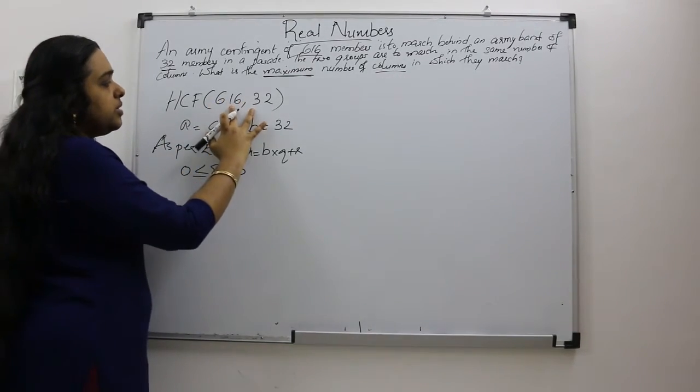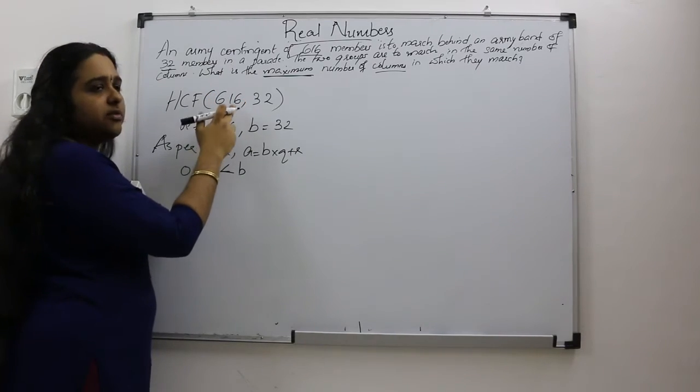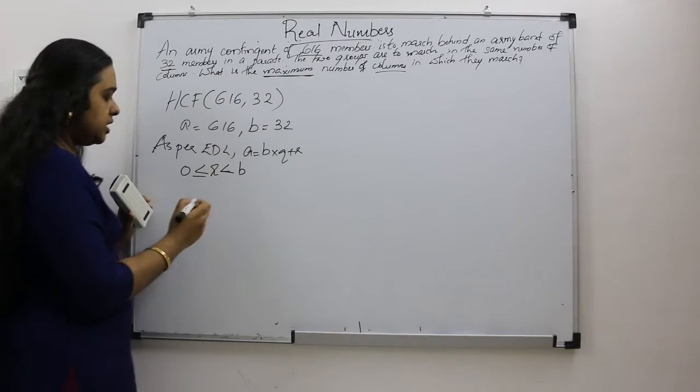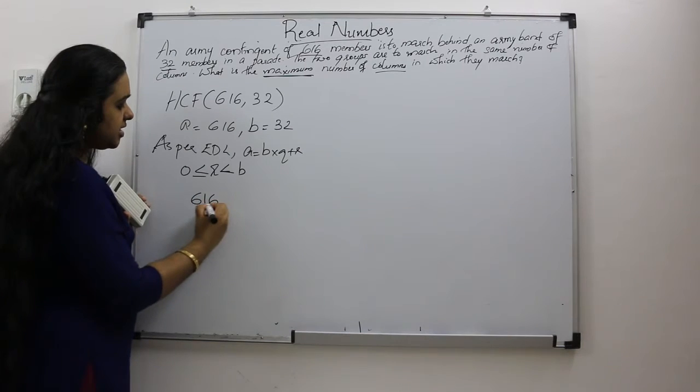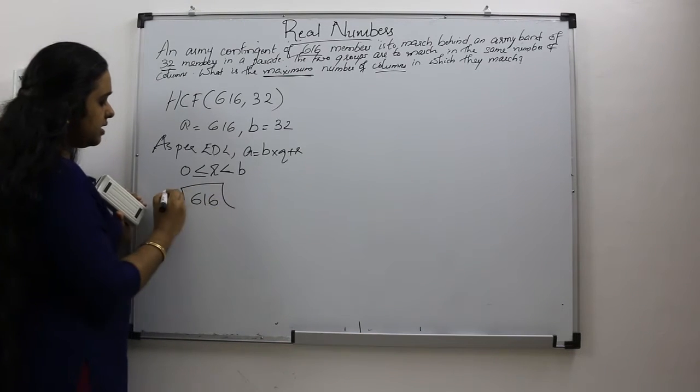From the given two numbers, we take the greatest number and divide it by the smallest number. So I am going to divide 616 by 32.